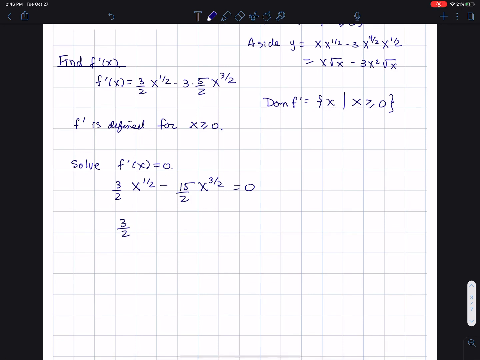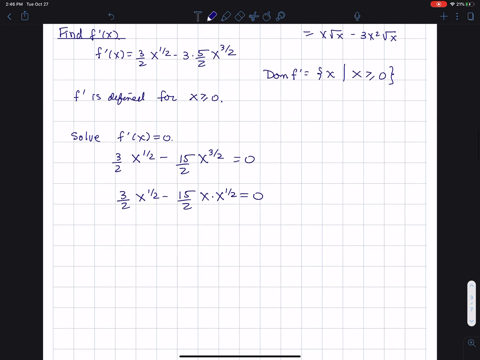I'm going to factor. That's my tool, which is usually the tool that people use when they're finding the roots of an equation, where you set it equal to 0 and solve. I see that 1/2 is a common factor, and I see x to the 1/2 as a common factor, and that leaves 3 minus 15x.